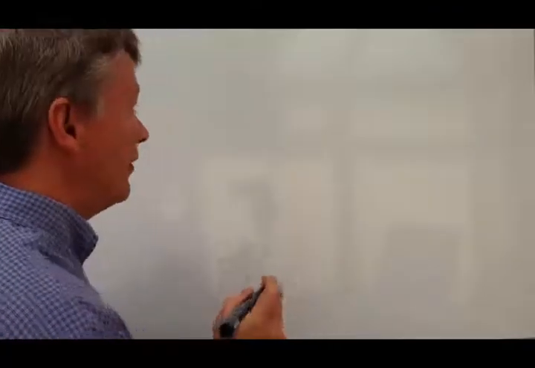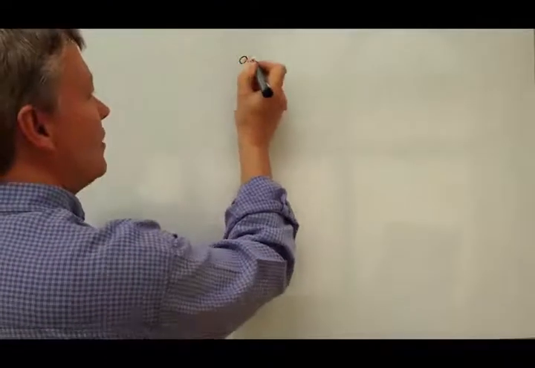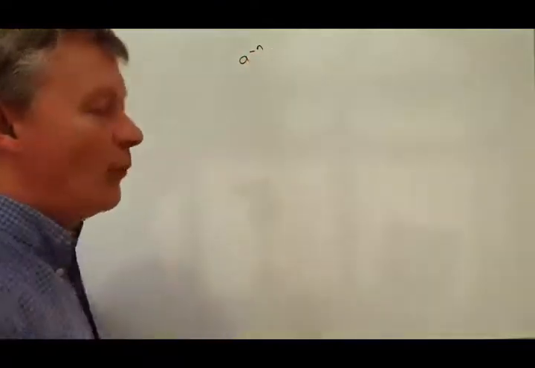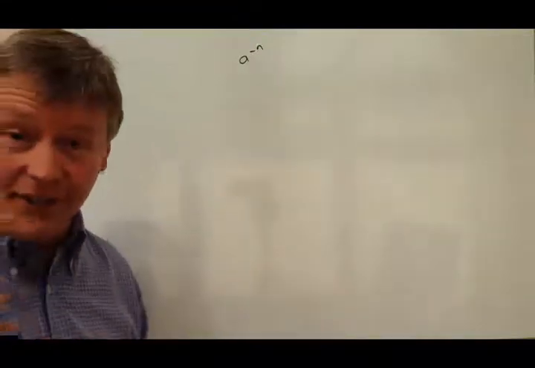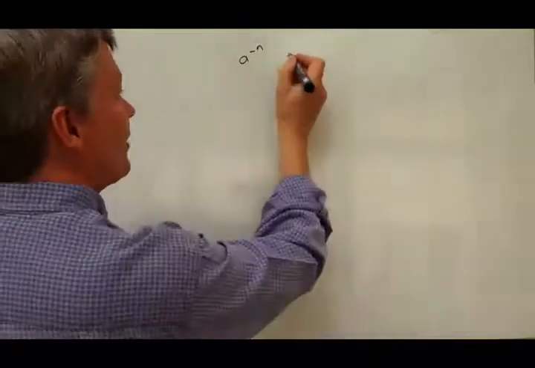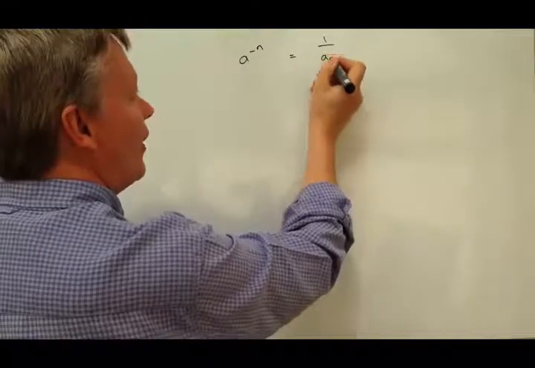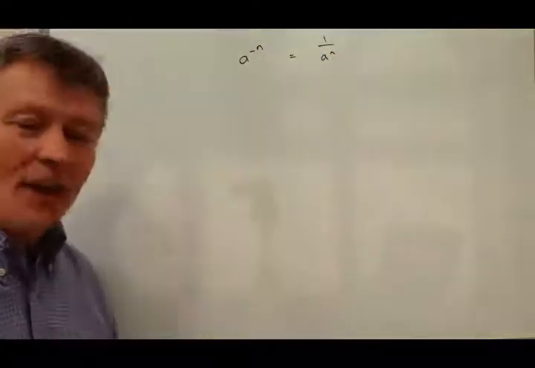Okay, so just to get us started, I'm going to give you an example of one of the laws which does come up quite a bit, which is this one. And the way it's usually written is that a to the power of minus n is exactly the same as 1 over a to the power of n.